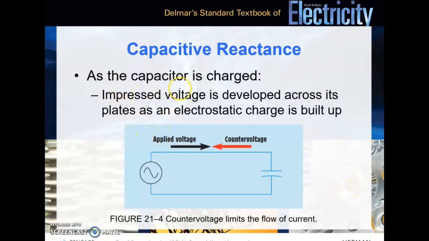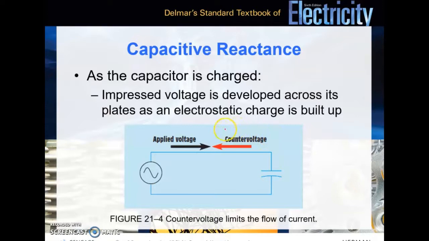As the capacitor is being charged, an impressed voltage is developed across the plates, and that's built up as an electrostatic charge. The impressed voltage is the voltage provided by that actual electrostatic charge.